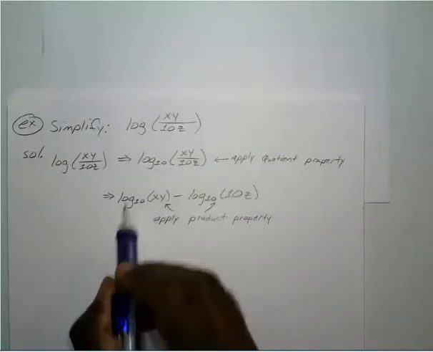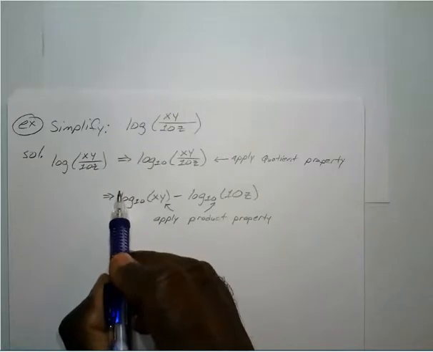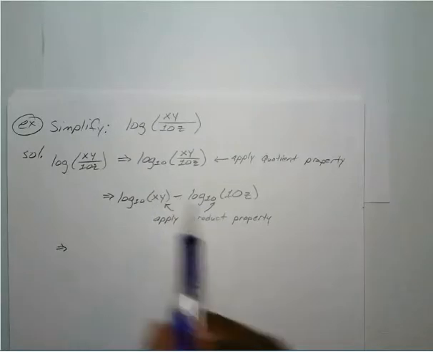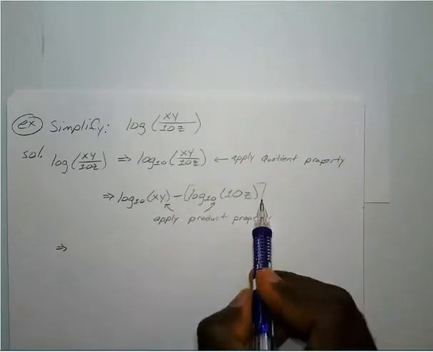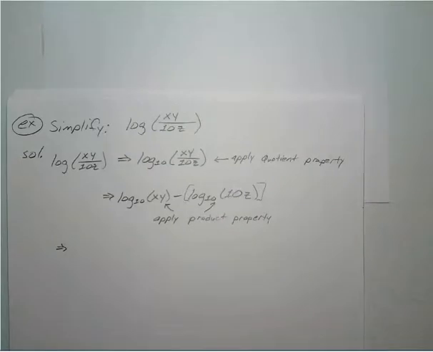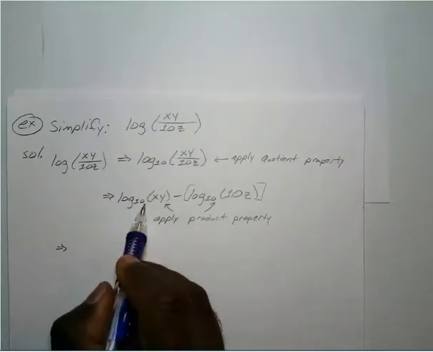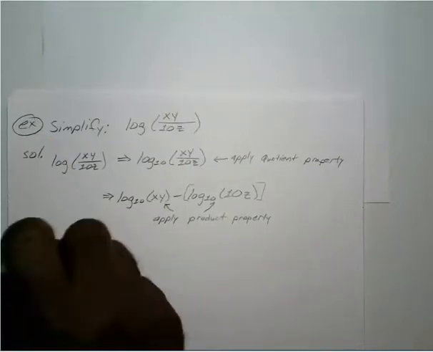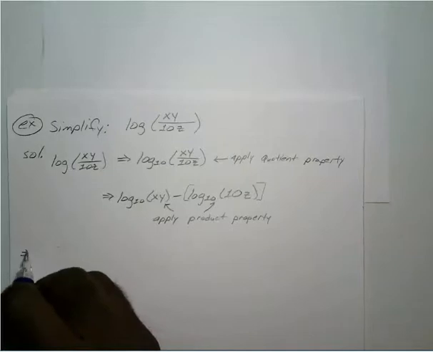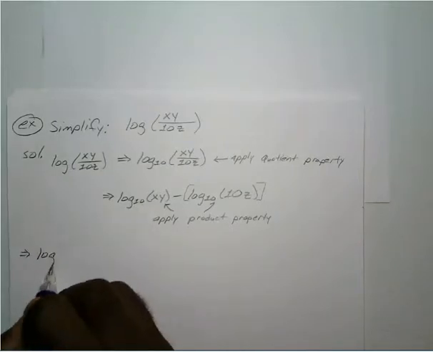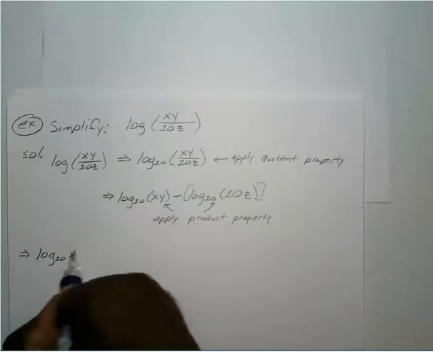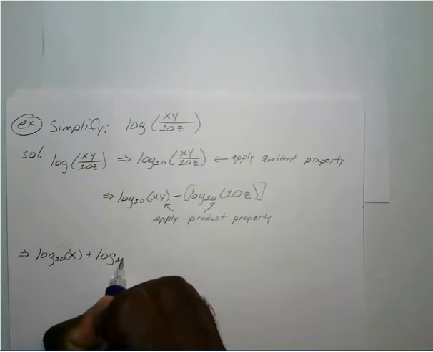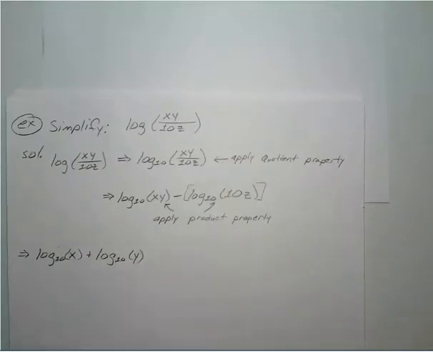Remember, and this is really important because it's a very easy mistake to make, that minus sign applies to this entire term here. So we have log base 10 of x times y. Let me give myself a little more room here. That becomes log base 10 of x plus log base 10 of y.